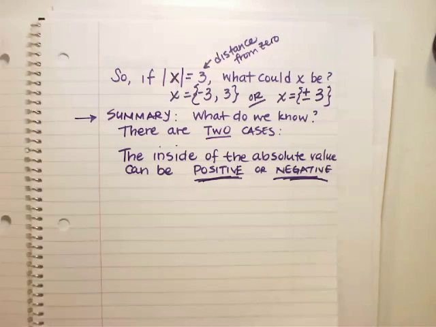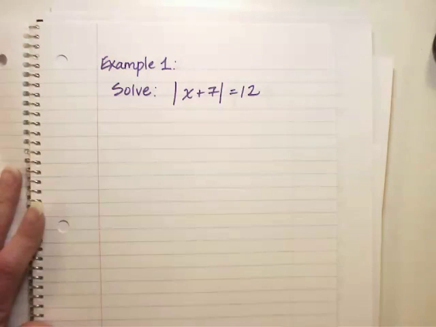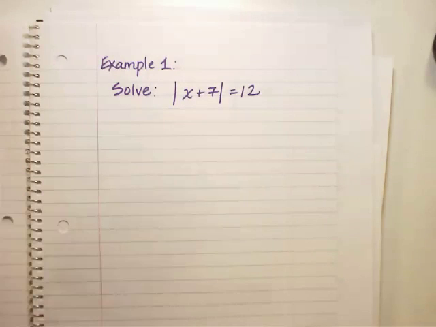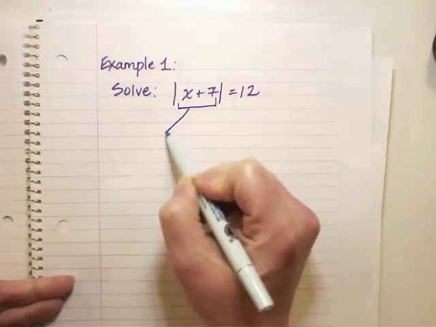So that brings us to how we're going to do these problems today. You have to keep in mind that there are always going to be 2 cases, a positive case and a negative case. Okay? So example number 1. If I've got the absolute value of x plus 7 equals 12, what do I know? I know that the value inside my absolute value, this part right here, could be positive.